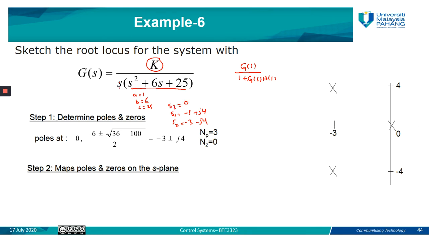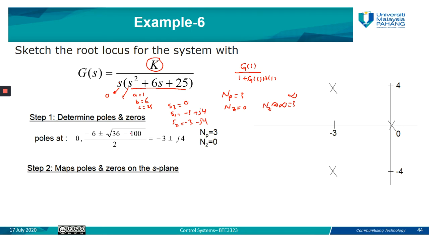So we have 3 roots or 3 poles: s equal to 0, s equal to the complex number negative 3 plus j4, and s equal to negative 3 minus j4. We do not have any zeros here. The number of finite zeros is equal to 0. So the number of poles equals 3, the number of zeros equals 0, and the number of zeros at infinity equals 3, because we do not have any zeros here, so all the zeros will be at infinity.